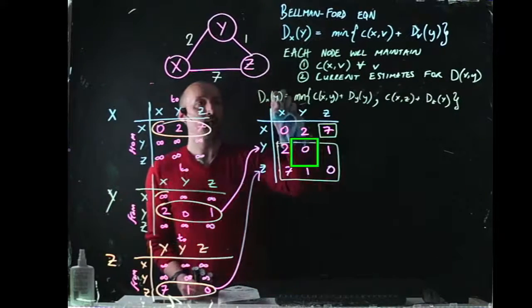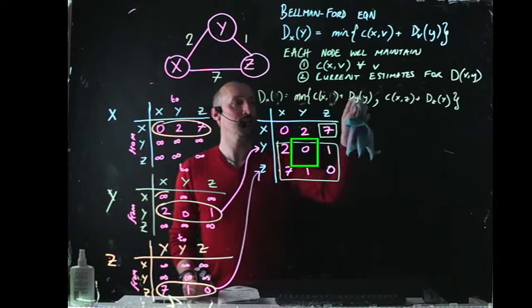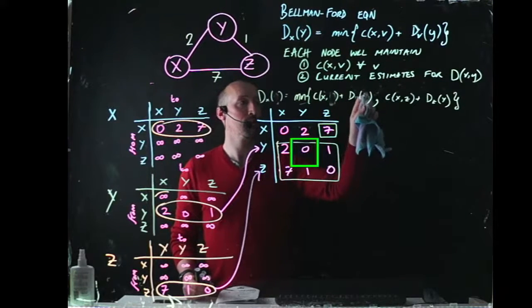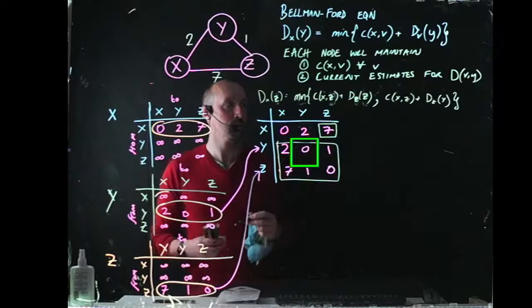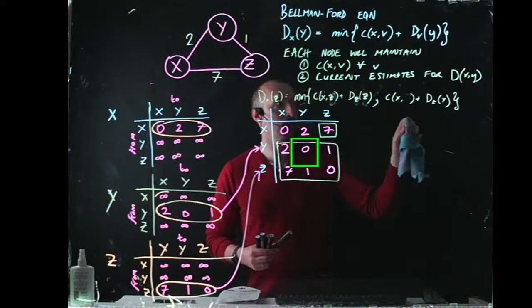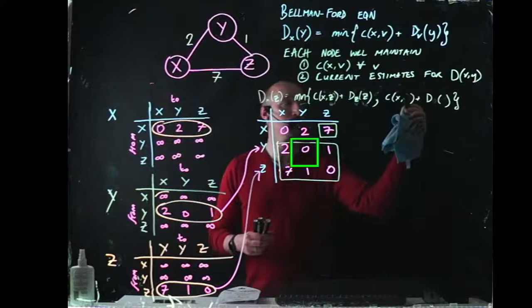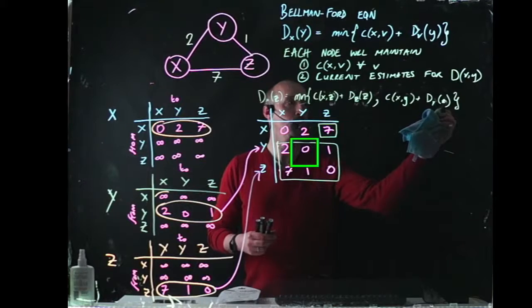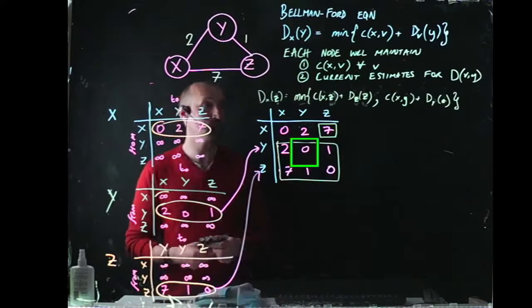So now we're getting from x to z. We're going to go from x to z and z to z, and of course then from x to y and from y to z. We're checking the two neighbours to see which one is going to get to the destination most cheaply. So what is the answer here?